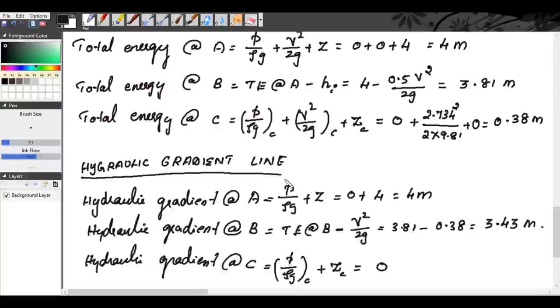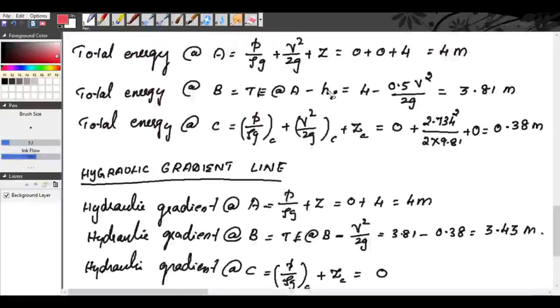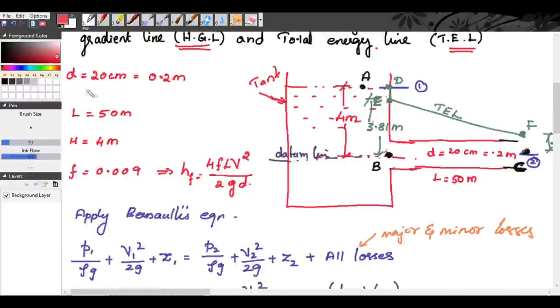Now, so at C, the hydraulic gradient is 0. At B, that is at the inlet, the hydraulic gradient is 3.43 meter. At A, the hydraulic gradient is 4 meter. So what we get is, let us draw. At C, the hydraulic gradient is 0.